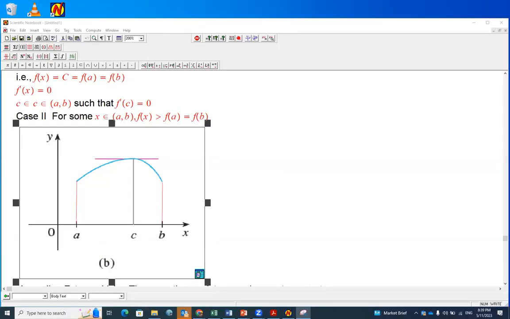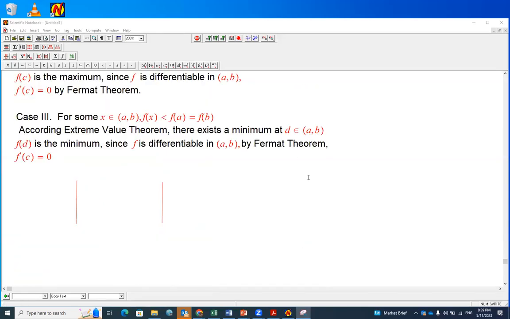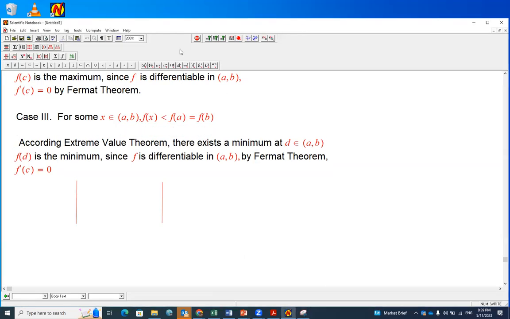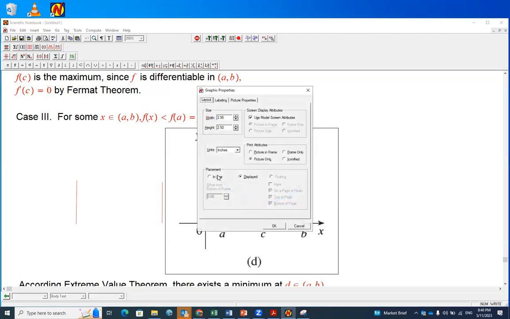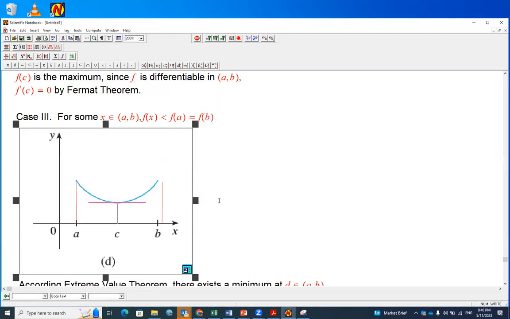So I'm going to bring that picture to you. The third case could be something like this one. There we go. Let me clear these previous drawings.